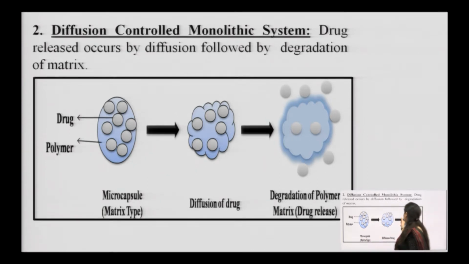Slow diffusion occurs during the release, and finally the degradation of the polymer membrane occurs at the end of the system time. So initially the drug is released through diffusion, and later the polymer membrane completely degrades and releases the remaining content of the active component.